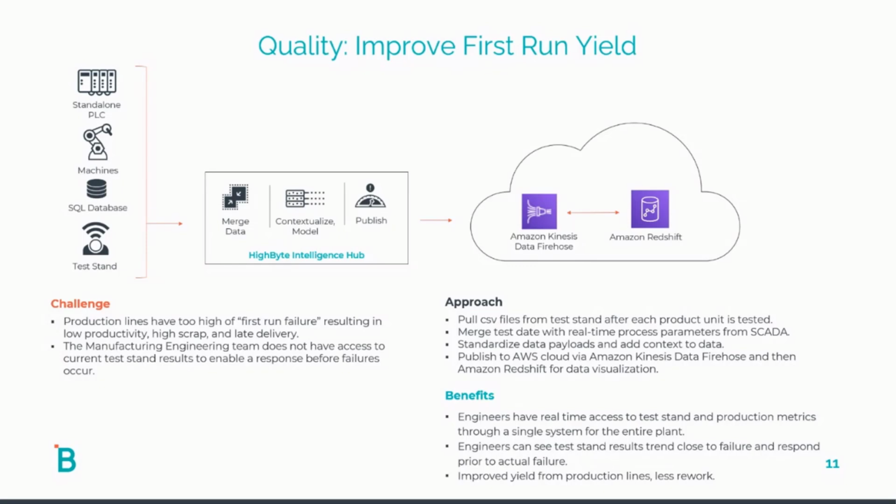So their challenge was they had no way of making changes in real time when a defective part came down, or even looking at what the process capability or process dynamics were as that part was being produced, so that they could make adjustments as the test stand detected that it was trending toward the tolerances.